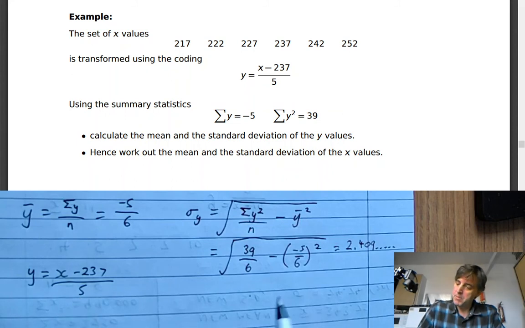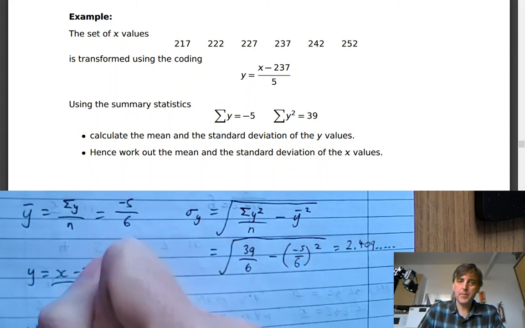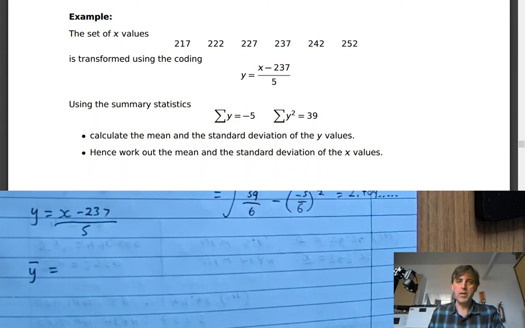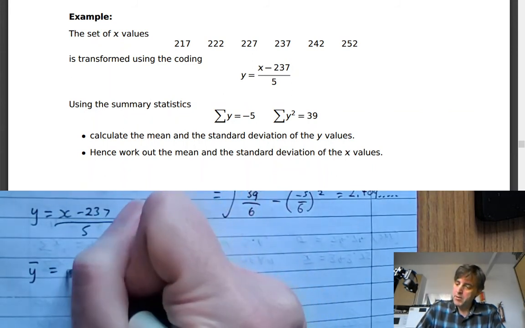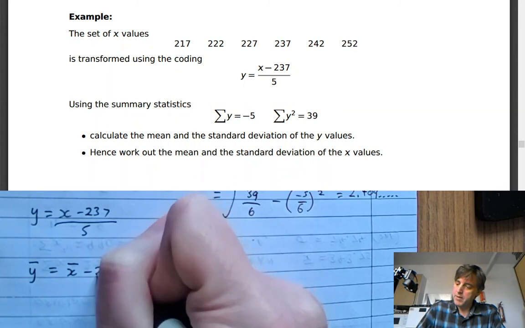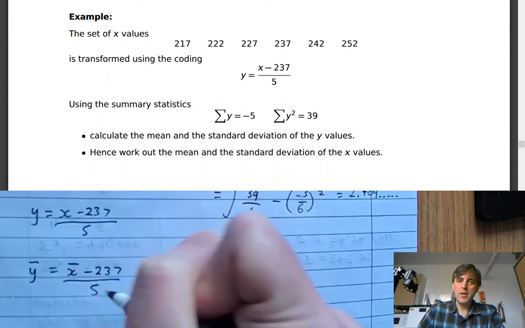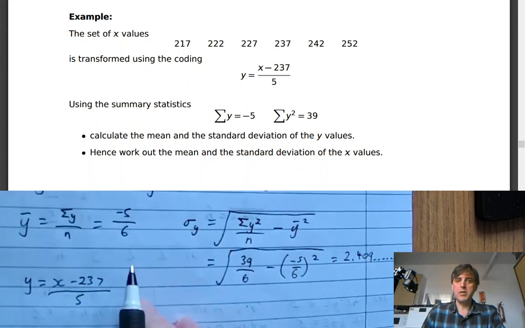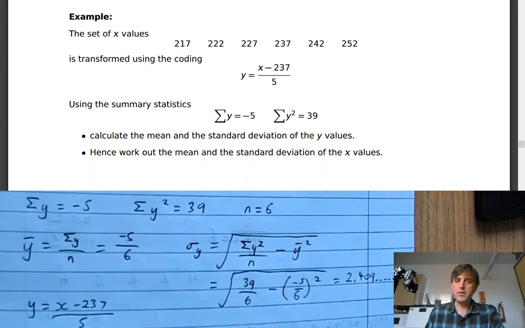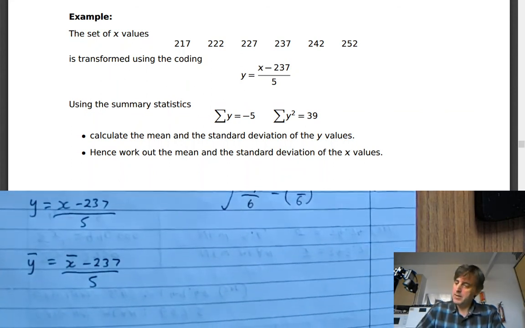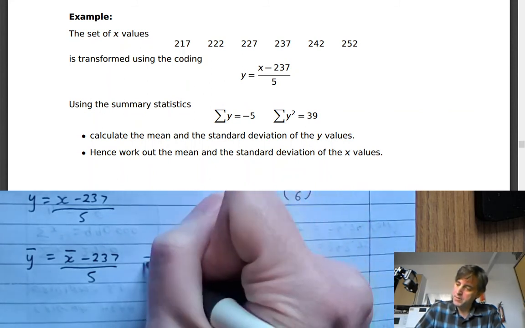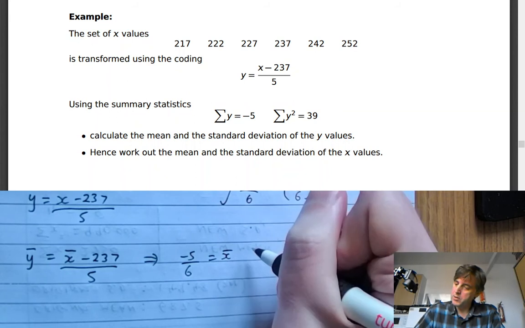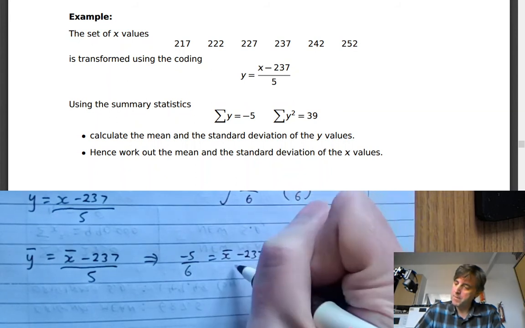So that must mean that the mean of our coded data is going to equal the mean of the original data minus 237 over 5. The mean of the coded data, we worked that out just up here. That was minus 5 over 6. So that must mean that minus 5 over 6 equals x bar minus 237 over 5.